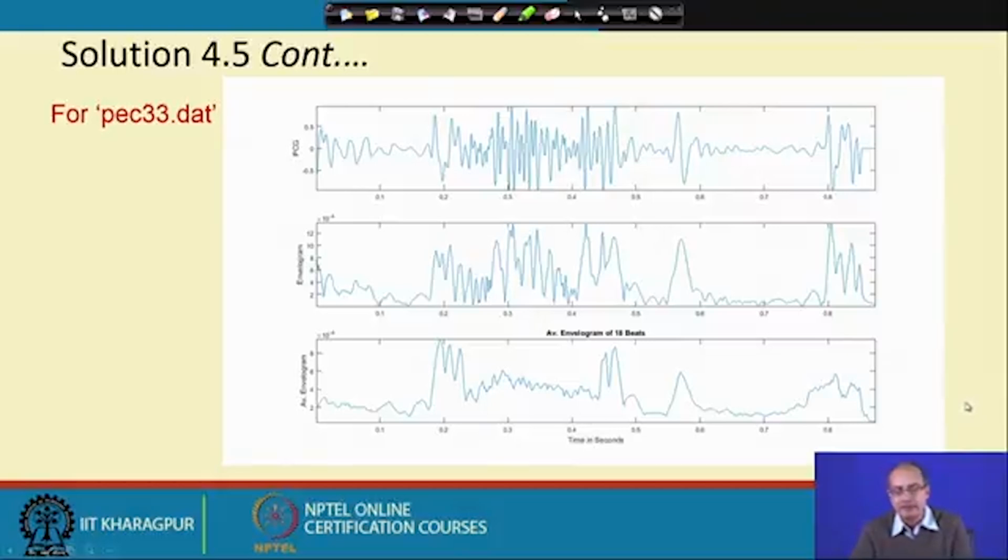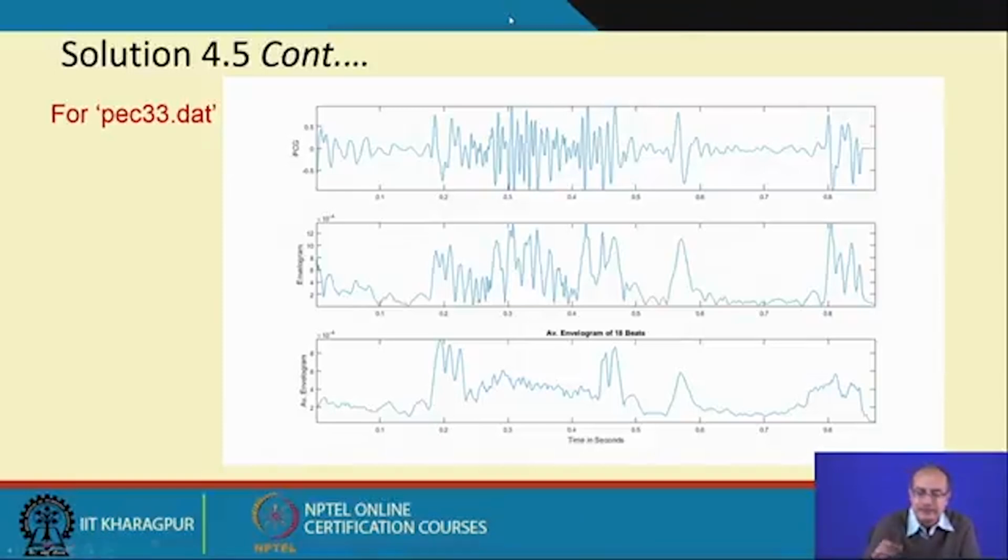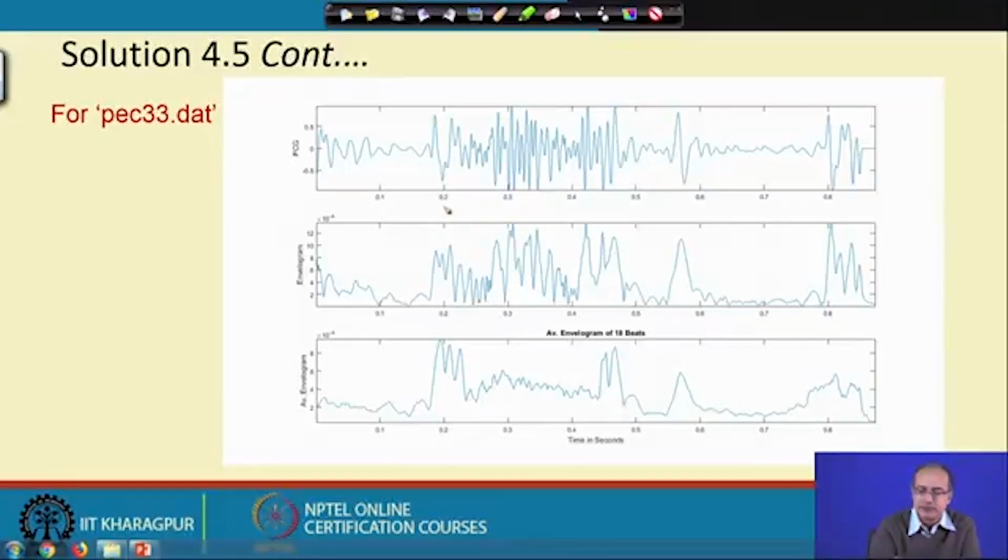In this case, as the variations are more, or S1 and S2 are more jagged, as we can see here, it is much more jagged. We have the envelope also like that. Okay. In fact, in intermediate portions also you see that a lot of peaks are there.